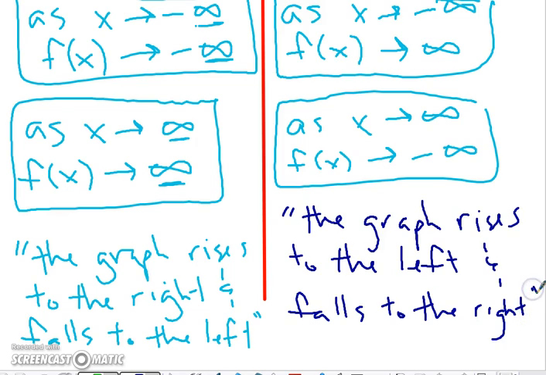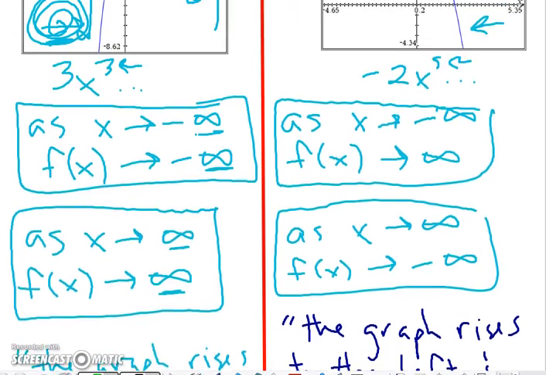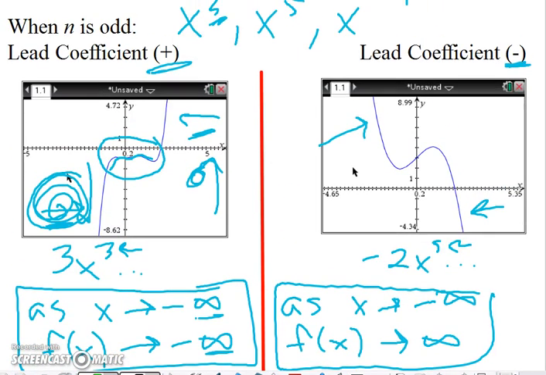And this would be the way on a test, or on your homework, if you're asked to describe the end behavior, these are the kinds of statements that you would want to write. The graph rises to the right, falls to the left. The graph rises to the left, falls to the right. So that's for an odd highest power with a positive or negative lead coefficient.